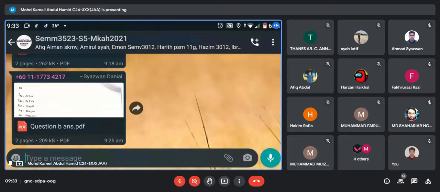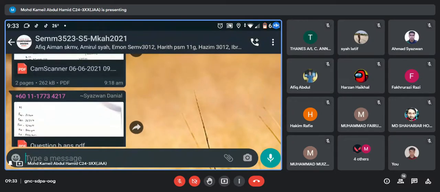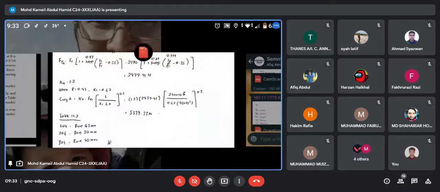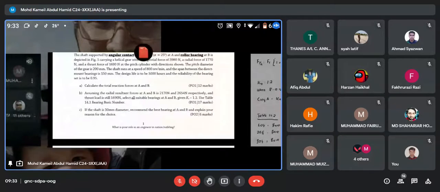Okay, thank you Syazwan. So ada yang last, shaft diameter. What shaft diameter? If the shaft is 30 mm diameter, recommend the best bearing at A and B and explain your reason for the choice. Shaft diameter 30.